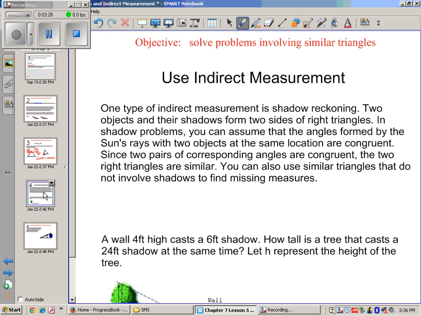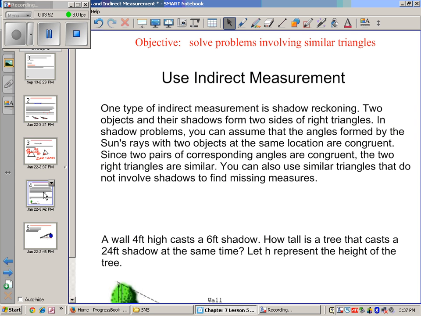Okay, use indirect measurement. One type of indirect measurement is shadow reckoning. Two objects and their shadows form two sides of right triangles. In shadow problems, you can assume that the angles formed by the sun's rays with two objects at the same location are congruent. Since two pairs of corresponding angles are congruent, the two right triangles are similar.